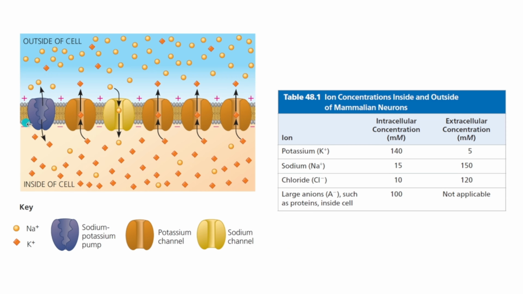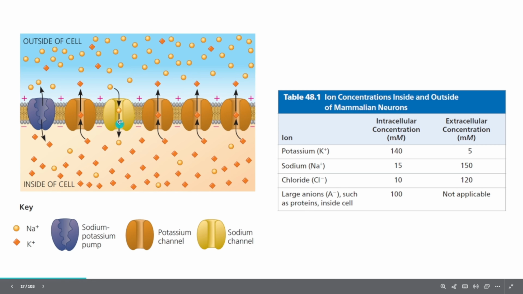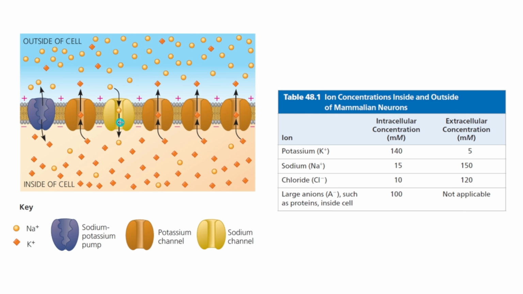When the sodium ion is outside the cell, because the number of sodium channels is very low, it is very difficult for the sodium ion to diffuse back into the neuron.